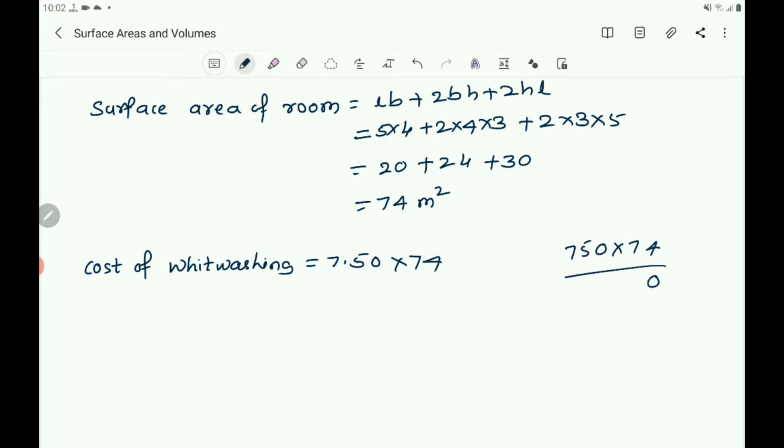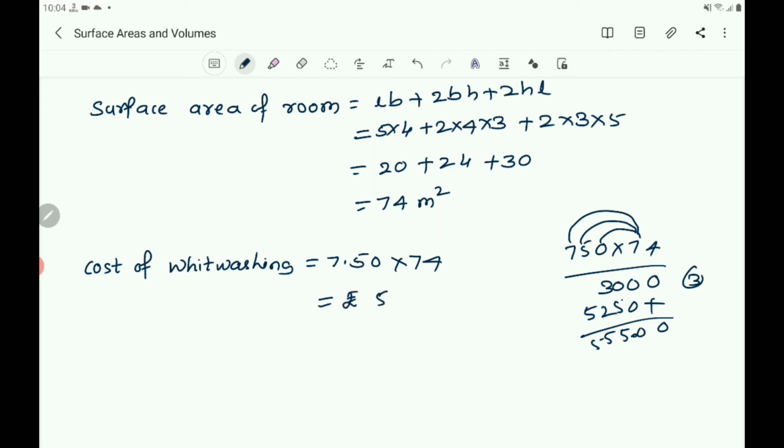So you write 4 5s are 20 and 4 7s are 28 plus 2, 30. So you write 7 zeros are 0, 7 5s are 35, 3 carry, 7 7s are 49 plus 3, 52. It is 5, 5, 5. So here the decimal point is after 2 digits. So here it comes 555. That equals 555 rupees.